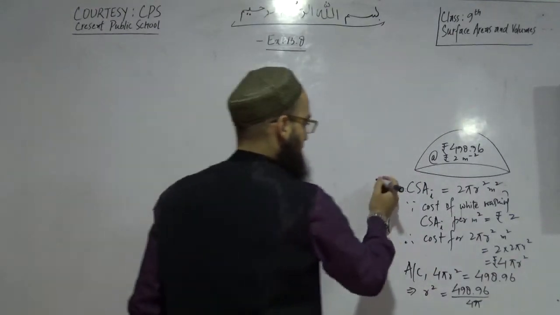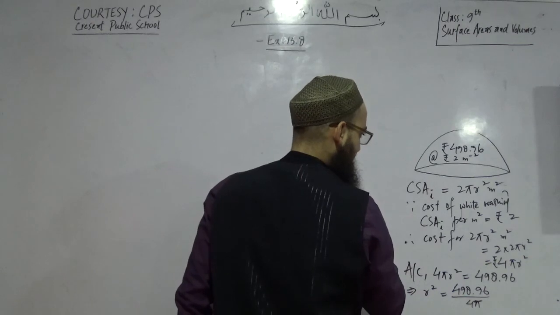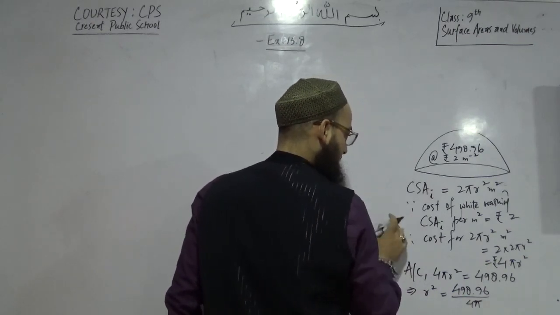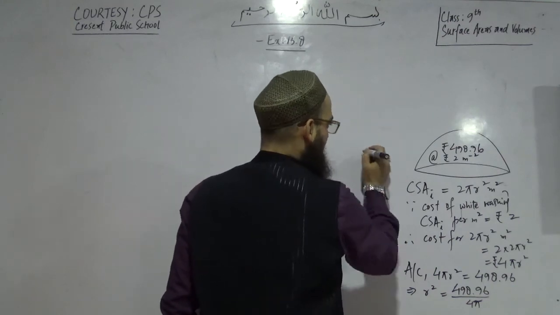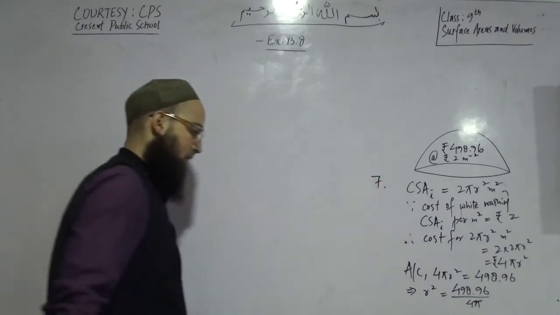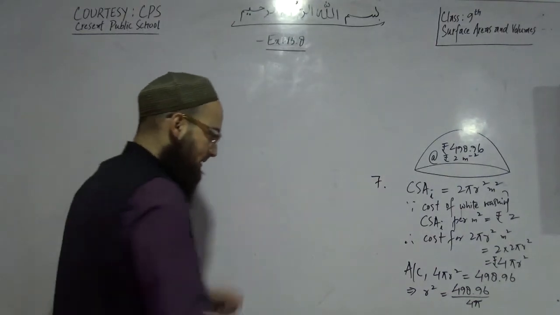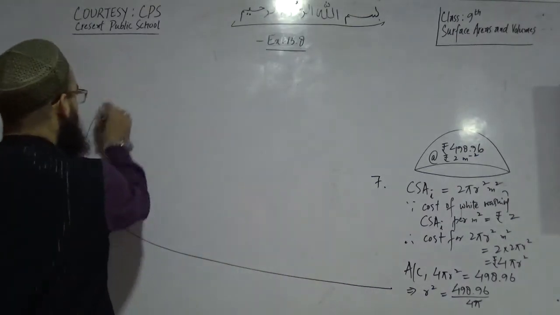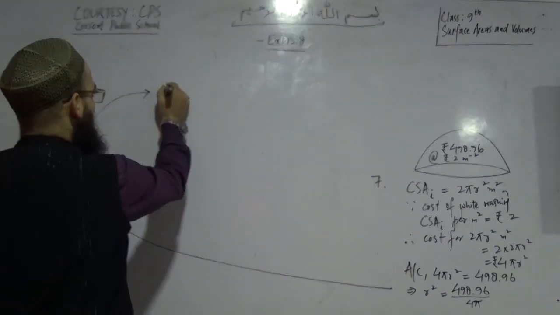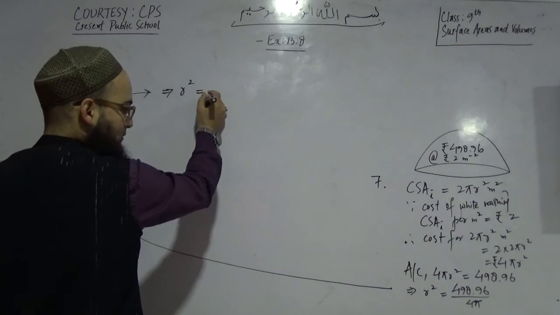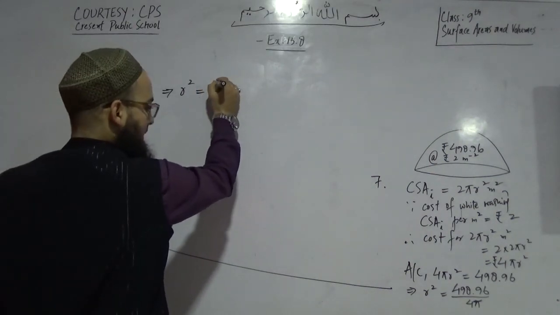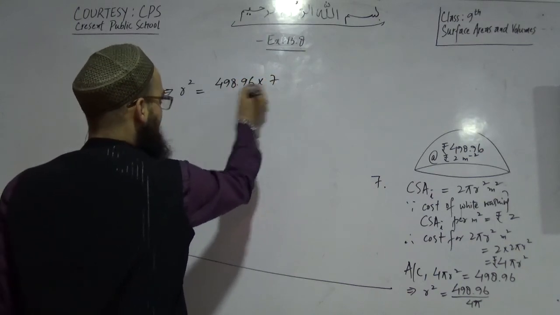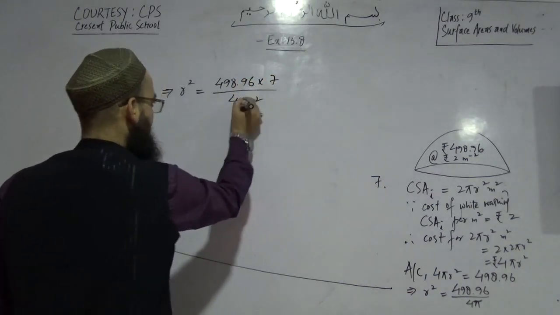This is the 7th question. Got it? Now r square is this. Now let's come here, which implies that r square is equal to 498.96 times 7 divided by 4 times 22.